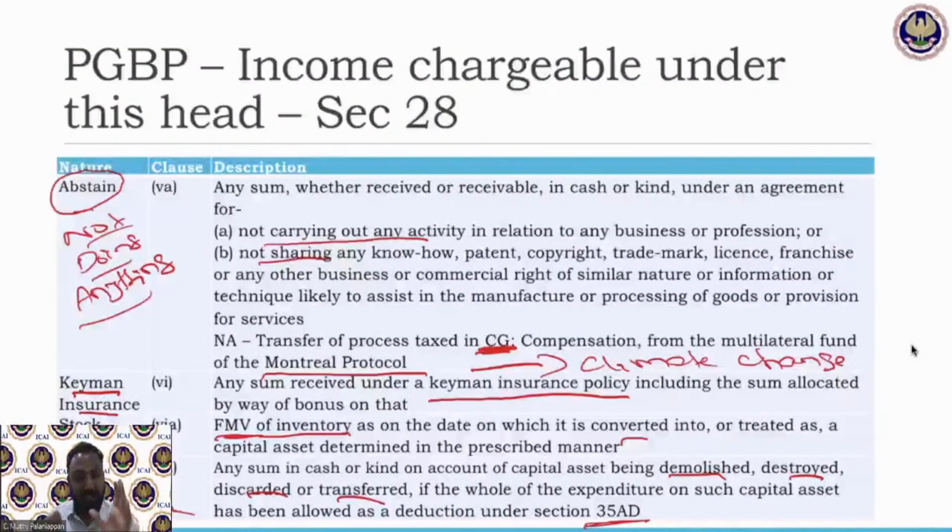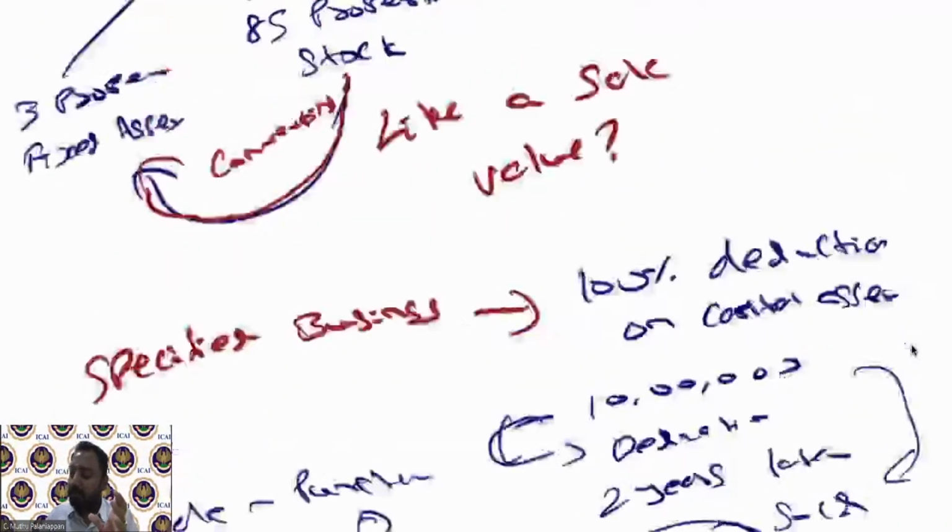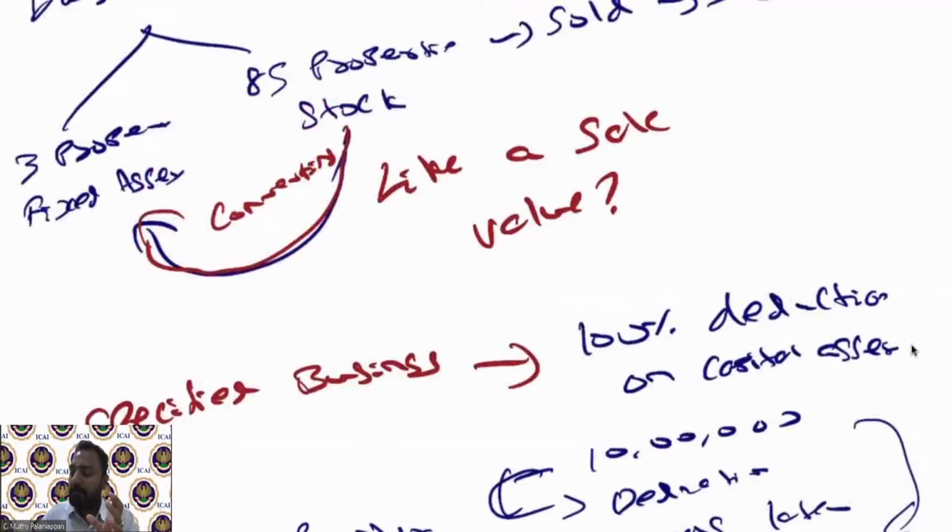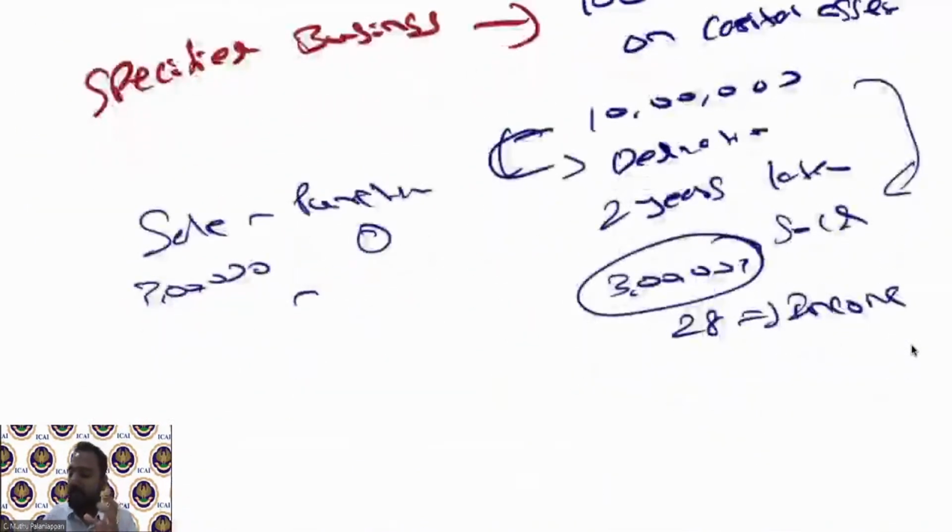So typically when we say stock, we understood why it came, right? So we understood why it is taxable. Similarly, here also we are trying to understand why this is taxable. This is taxable because it is an asset which was claimed as a deduction 100%. Generally, when you sell an asset, it is taxable under capital gain.